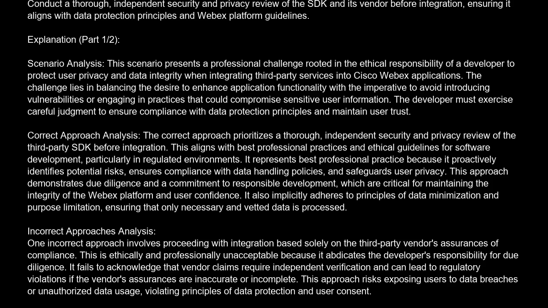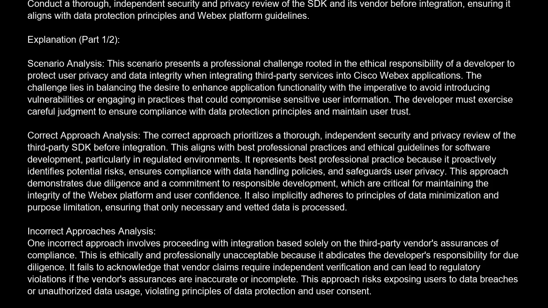Correct approach analysis. The correct approach prioritizes a thorough, independent security and privacy review of the third-party SDK before integration. This aligns with best professional practices and ethical guidelines for software development, particularly in regulated environments. It represents best professional practice because it proactively identifies potential risks, ensures compliance with data handling policies, and safeguards user privacy.